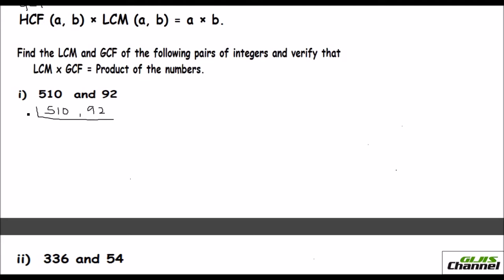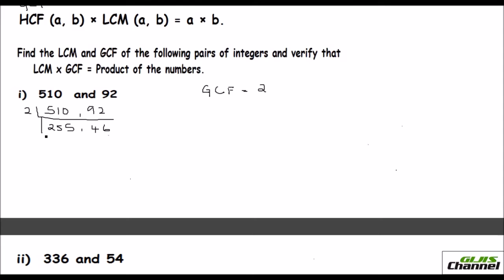Since both are even numbers, you can start with 2. So that is going to be 255, and 92 goes into 46 times. You don't find any common factors for these two numbers, so we can say that the GCF of the two numbers is 2. Now let's keep dividing until we get prime numbers.